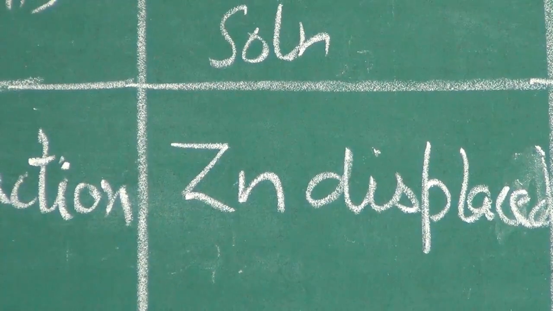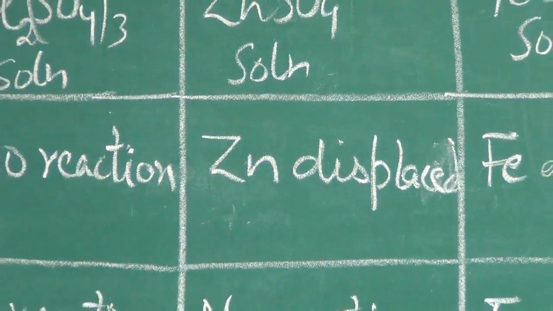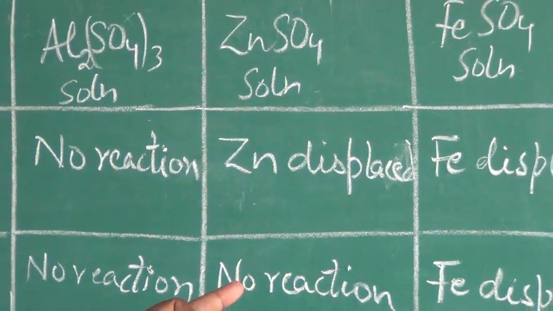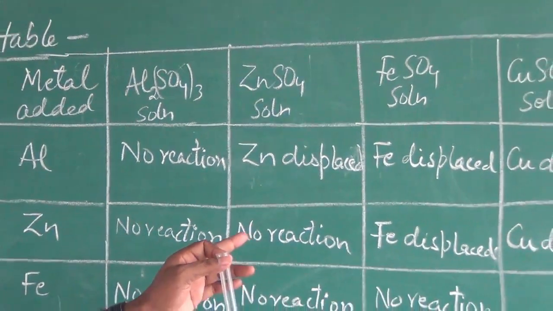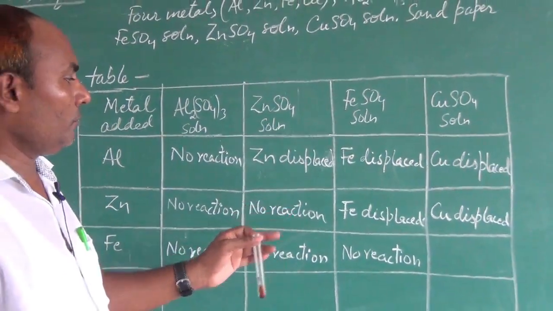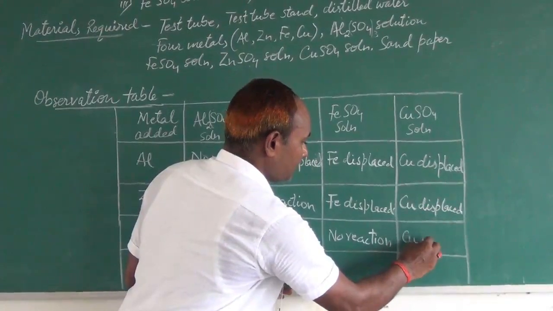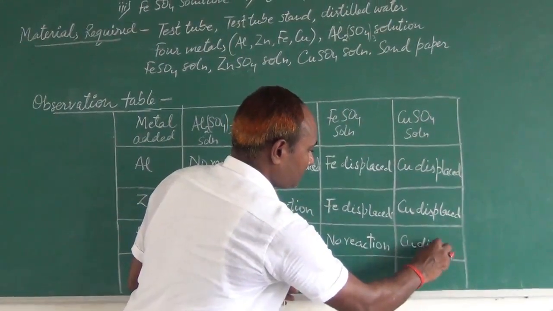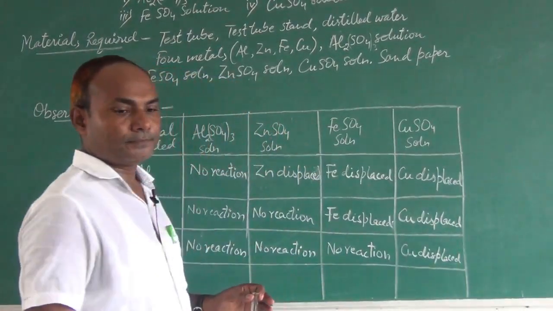When we add iron metal in copper sulfate solution, iron displaces copper from its salt solution. So we have to write: copper displaced by iron. Okay.